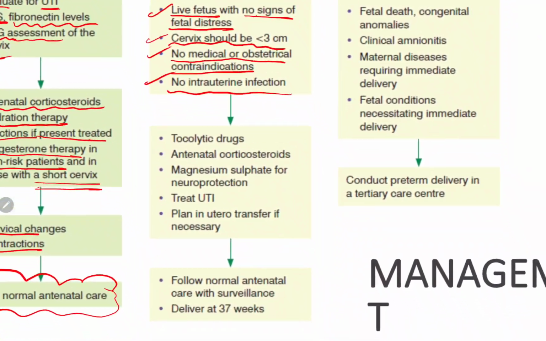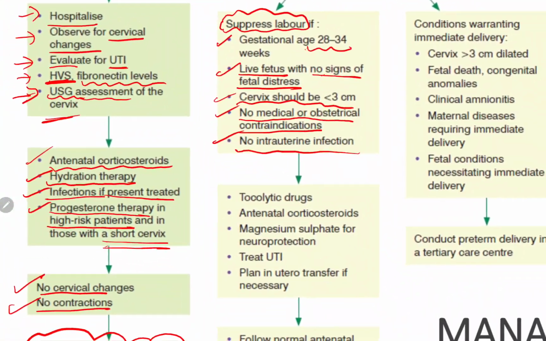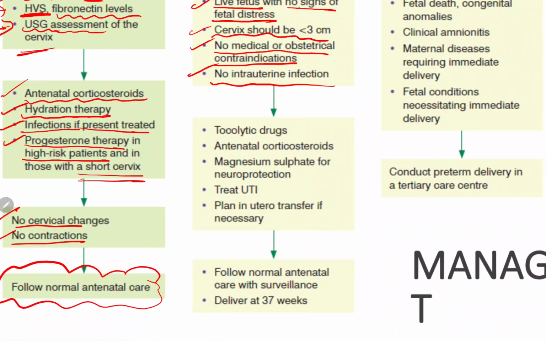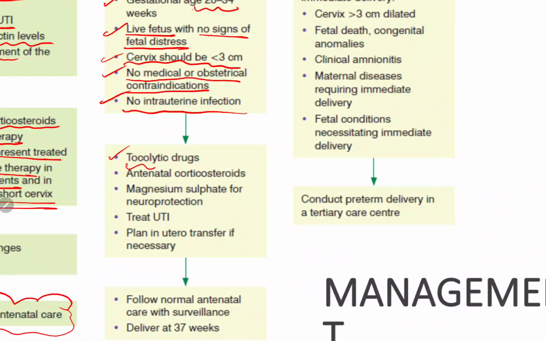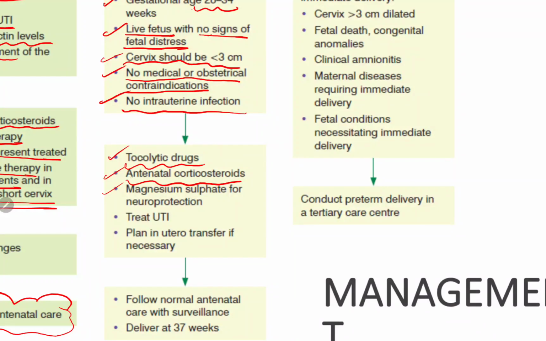Now, how can I suppress the labor? The medical management: tocolytic drugs can be given, antenatal corticosteroids are given, magnesium sulfate for neuroprotection is given. I will be treating a urinary tract infection, and I will plan in utero transfer if necessary.